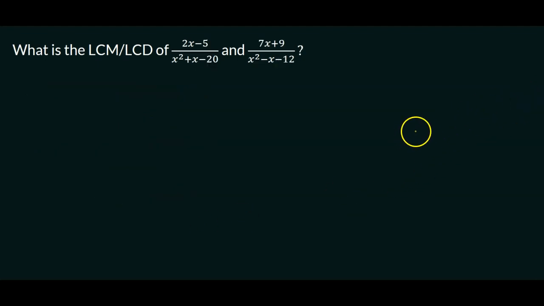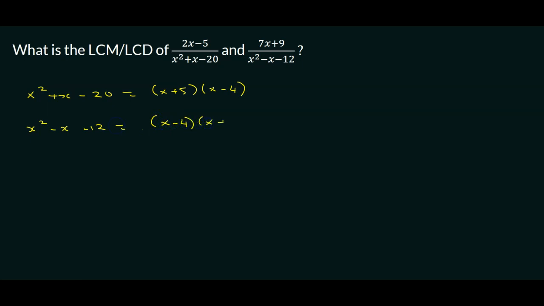And then the final example here. We have x squared plus x minus 20, which is going to be x plus 5 multiplied by x minus 4. The second one is x squared minus x minus 12, which is x minus 4 times x plus 3.